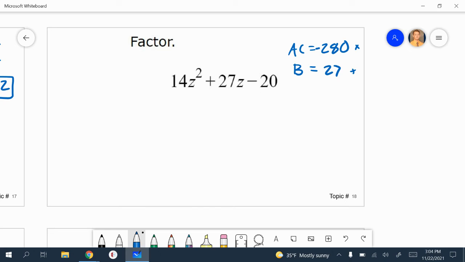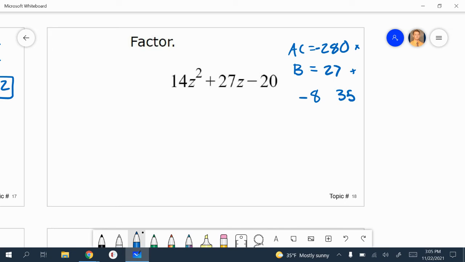I'm just taking 280 and dividing it by random numbers. So 8 and 35 is one that I got. That could be close. 8 and 35. I think that might be actually right. Yeah, so if I had a negative 8, I think that would work.